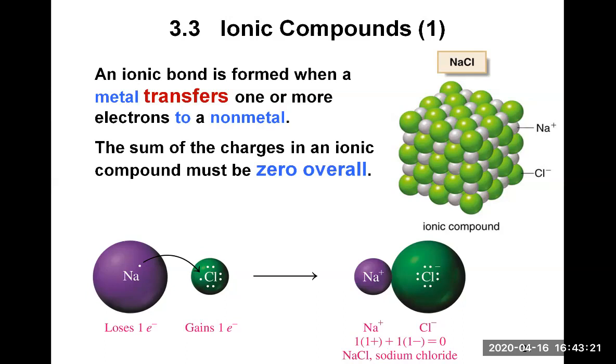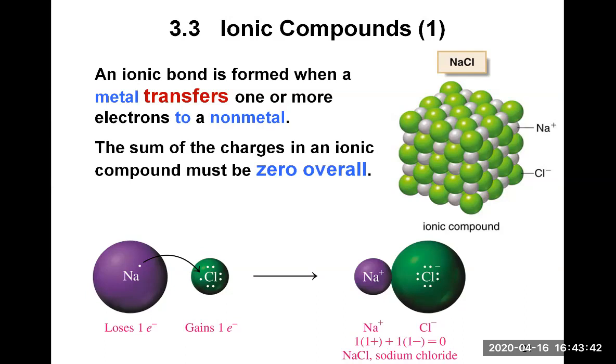And so this positive charge and that negative charge cancel each other. And when they're together, NaCl, it is a neutral formula. And so that's how table salt, the NaCl sodium chloride compound, is formed.